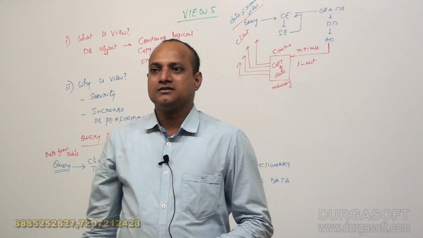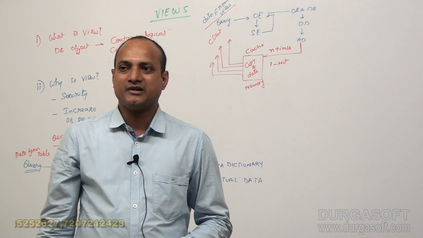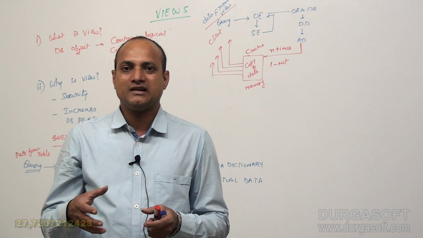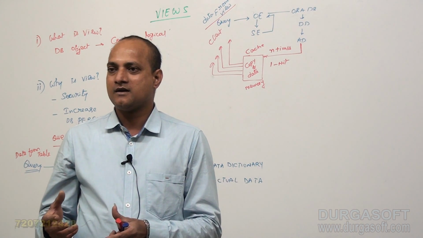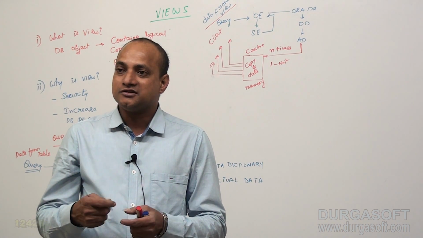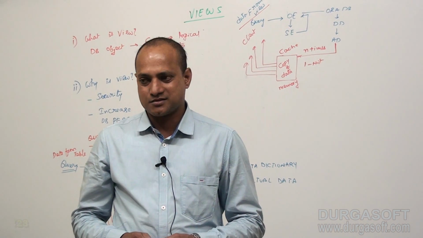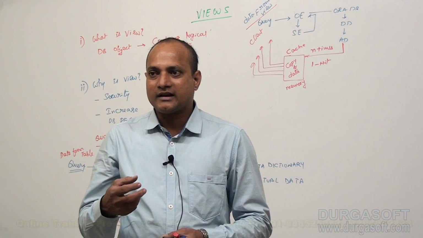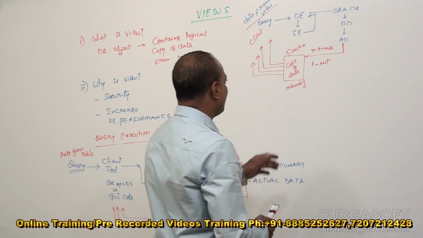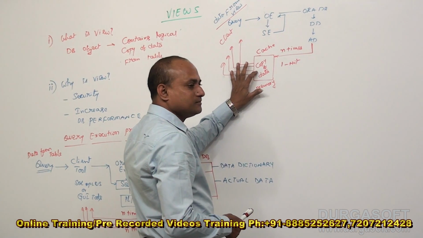Why? Because a view uses cache memory management. Cache memory management is a separate concept. According to business periods, they will schedule and reschedule the cache memory also. Until they reschedule the cache memory, the copy of saved data is available from cache memory. Remember that.